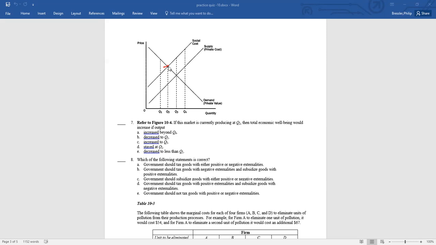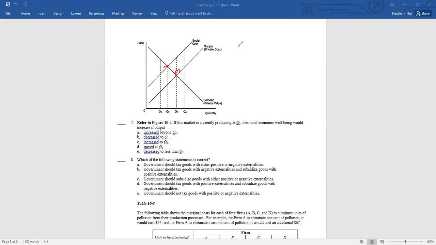Okay. Now, again, what could they ask here? They could say if you're at the market value, and the market would be here, right? This would be the market equilibrium.